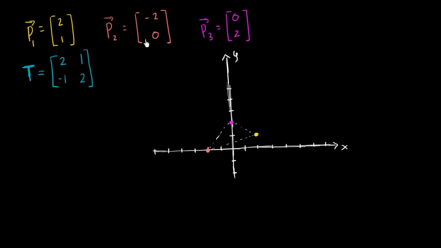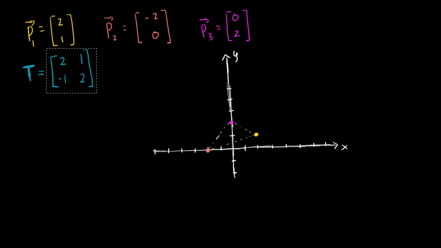And like the last video, I could apply this transformation matrix separately to each of them to see what they transform into. Or instead, I could take this transformation matrix, and multiply it times a matrix composed of these position vectors. So let me do that. Let me take my transformation matrix, so let me copy and paste that.